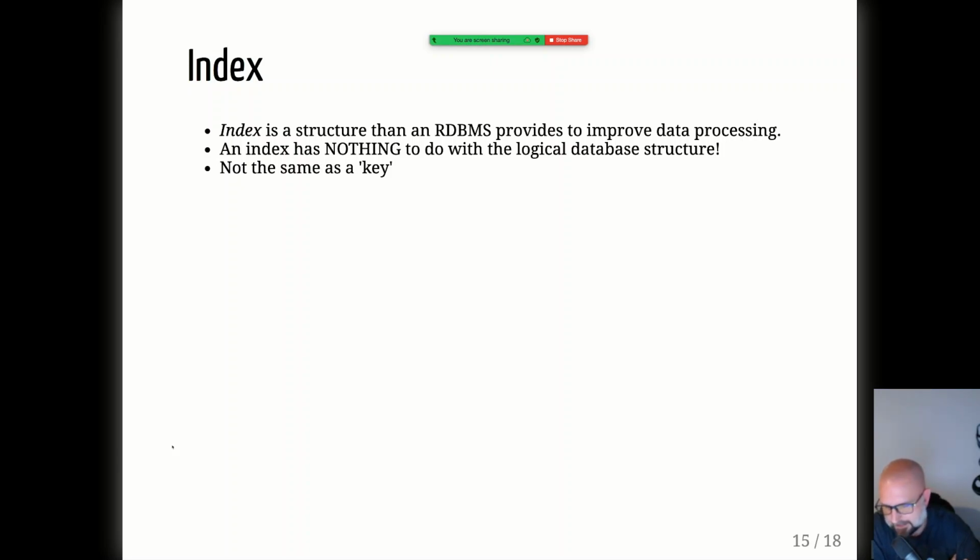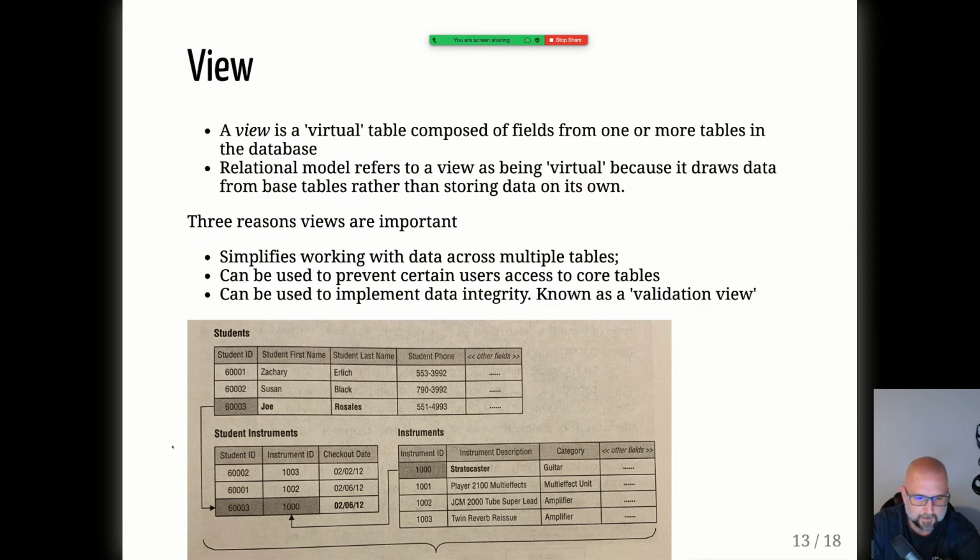A foreign key, which I didn't have in here because that's in the next section where we talk about relationships at length, is a table's reference to another table's primary key. So going back to these examples, our student ID is the primary key in the students table.